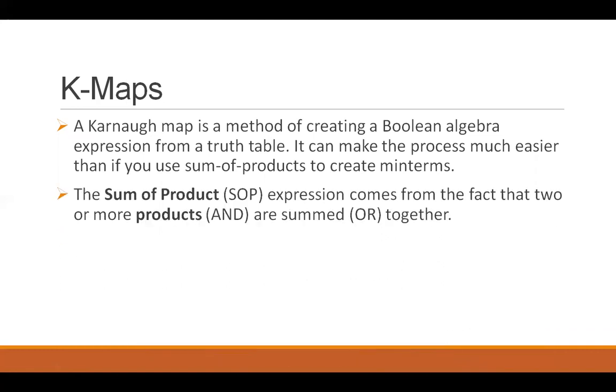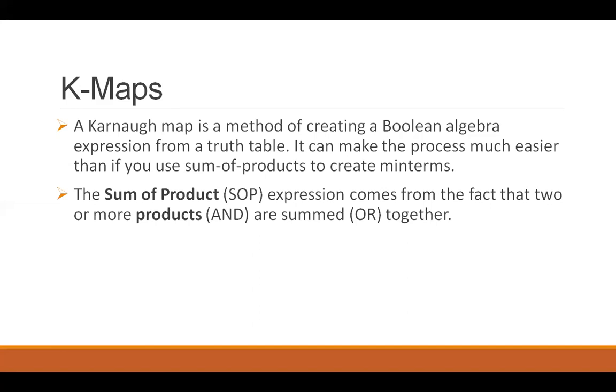A sum of product is an expression where products are added. For example, you're having A dot B dot C plus A inverse dot B dot C, so that would be a sum of two products of a Boolean expression. So sum of product is where the products of a Boolean expression are summed together, added together.